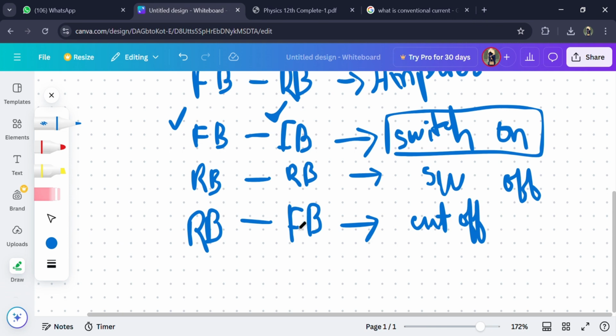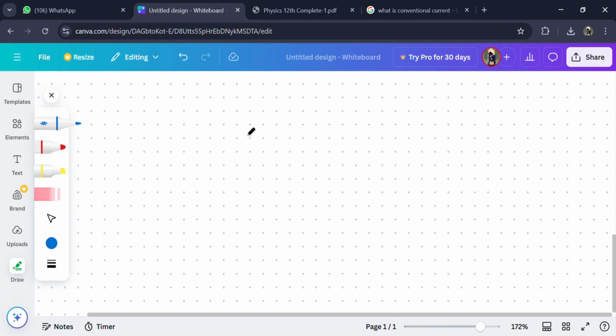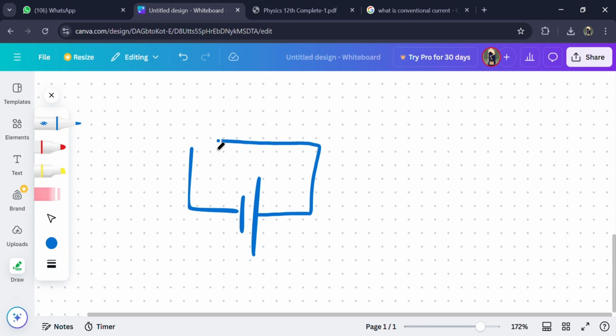One more thing that you must know is that conventional current is the type of current that flows in the transistor. What is conventional current? Just suppose that I am attaching this potential in this system, and let's say here I have a resistor.